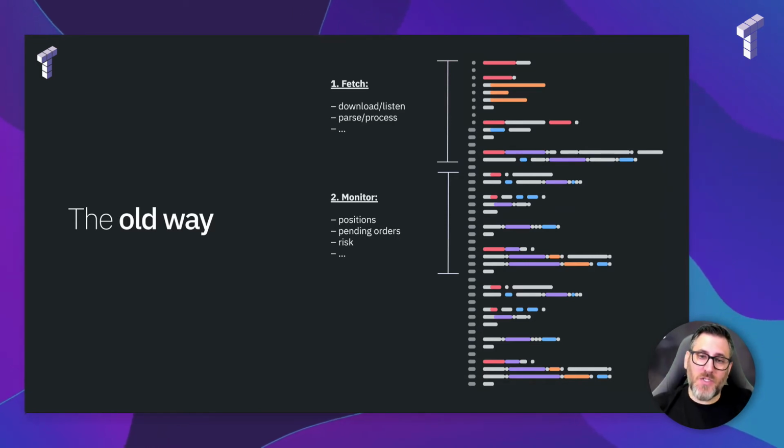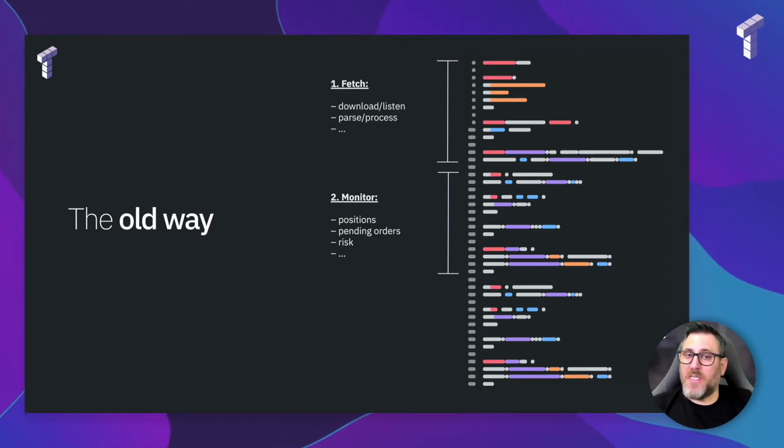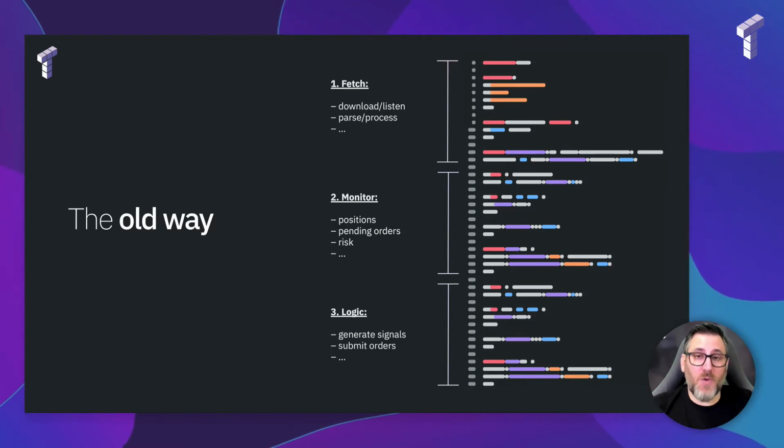And then finally, once you realize that you don't have to exit positions or that your risk levels allow it, now it's time to actually generate a trading signal and submit your orders. This is a simplified form, but these are usually the different parts of a strategy when you talk about an algorithm that executes trading ideas.